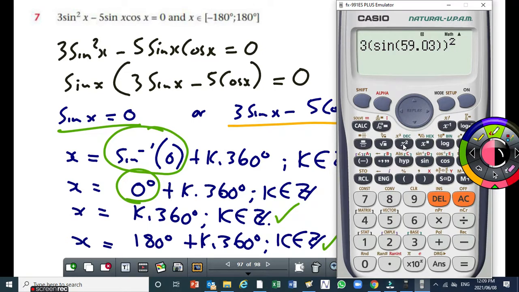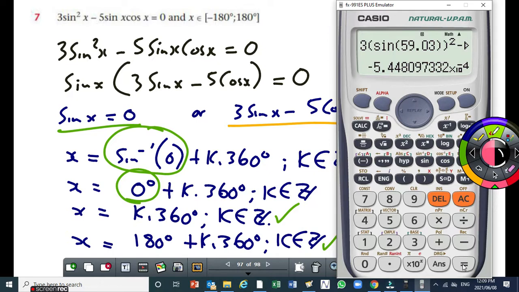Then minus 5 times sine 59,03. We have to multiply that by cos 59,03. What am I doing here? I'm trying to verify if my answer is right.